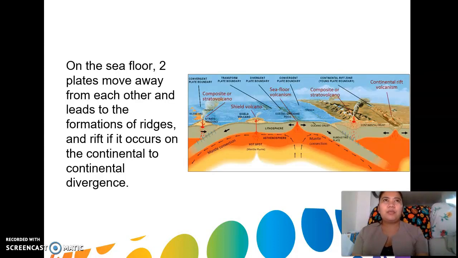So, it is possible that on the ocean floor, two oceanic plates move away from each other, and this leads to the formation of huge fissures or cracks on the ocean floor where magma rises. As you can see in this area, this is the ocean floor. It is very visible because it is represented by the color blue, which means it is covered with water.